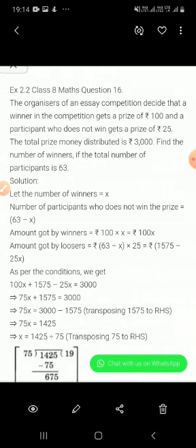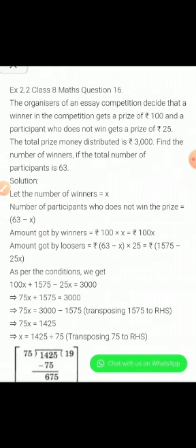And a participant who does not win, so either the participant is going to win or lose, the one who is not winning will get 25 rupees. And the total prize money which the organizers have is rupees 3000. Out of that they have to give the prizes. Those who are winning, rupees 100. Those who are not winning, rupees 25. Find the number of winners.